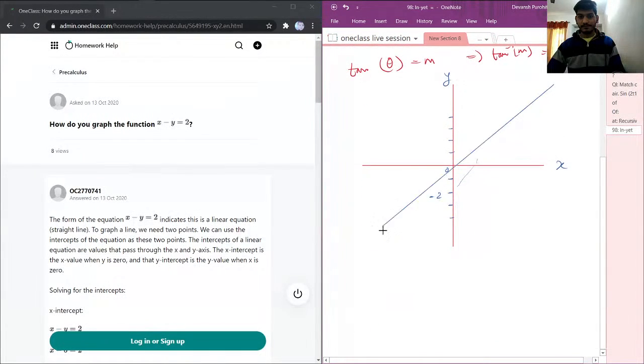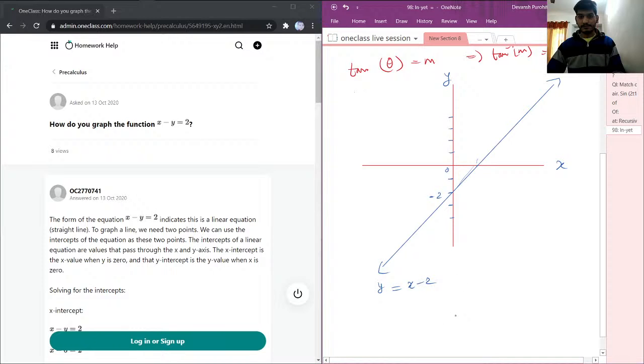Oh my god, no, no, no, no. Yeah, and I will just draw the arrow here and one arrow here. So this is going to be the line, and we can just calculate where x is 0, where y is 0. I'll just put y equal to, what was the equation? X minus 2.